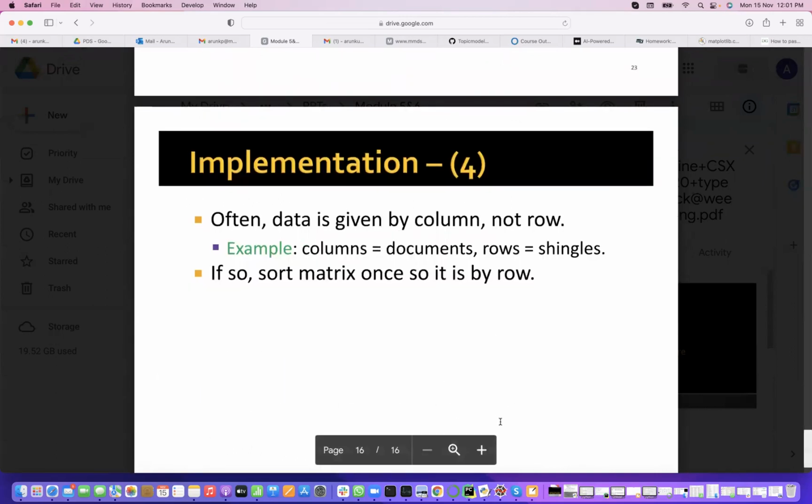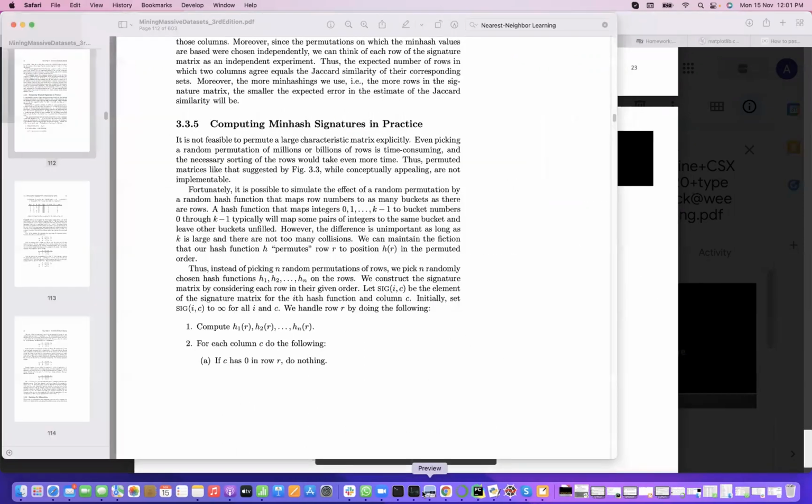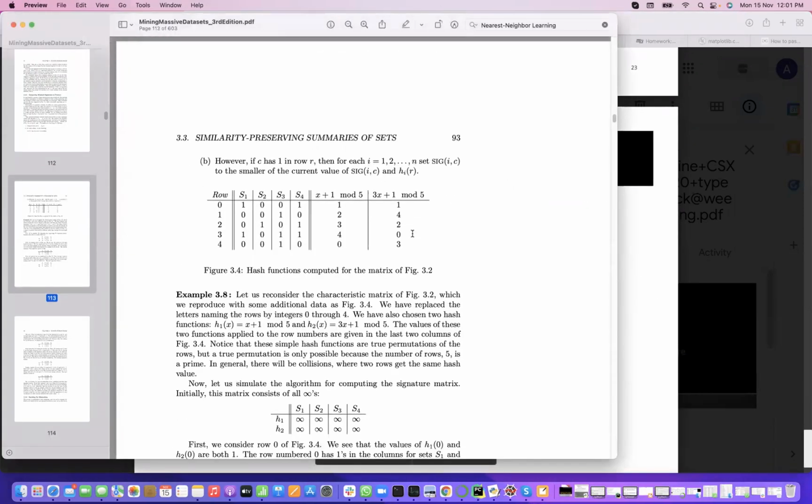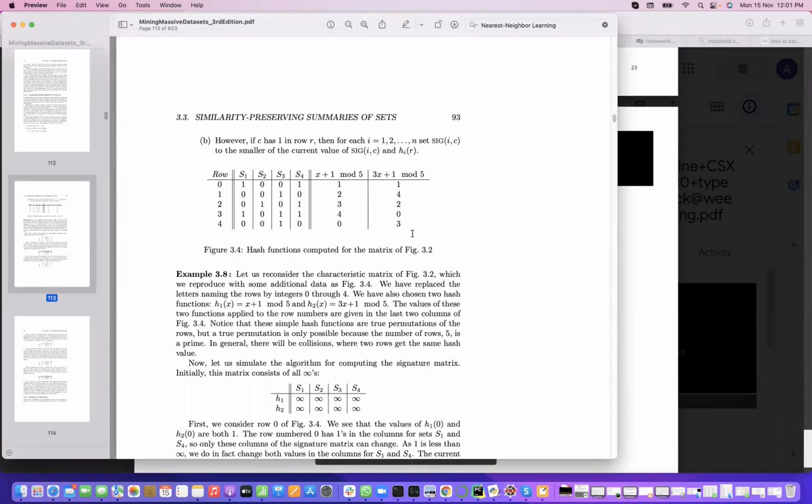Exactly. If you want to take another example to understand more, take this now. Row 0 is mapped by x plus 1 mod 5, which is one hash function, and 3x plus 1 mod 5 is the other hash function.